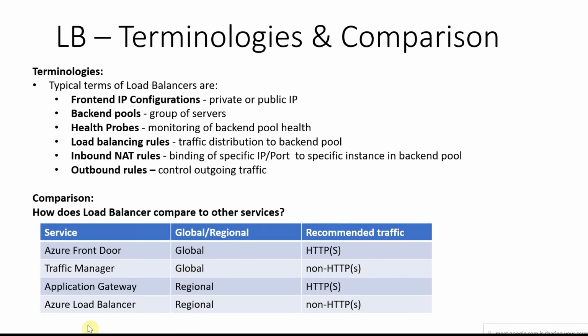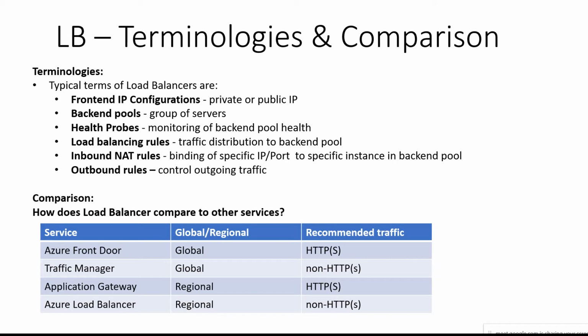If we're talking about web traffic, which is HTTP or HTTPS, then we're talking about application gateway for regional and front door for global. Just keep this in mind; this is a summary of all the 4 products under the similar bucket of load balancing.